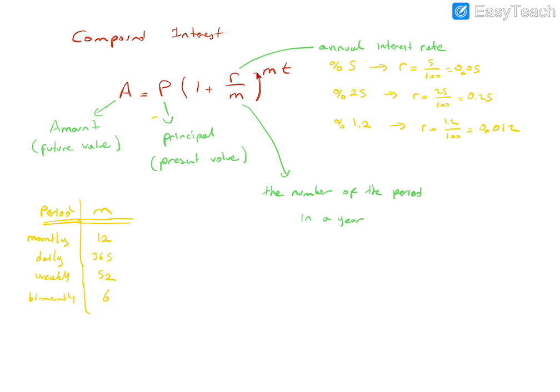B is this one, and maybe b can be considered as that part with the m factor. If you consider this value as b, A equals principal times b to the power t is our formula. So we use the exponential function to describe compound interest.